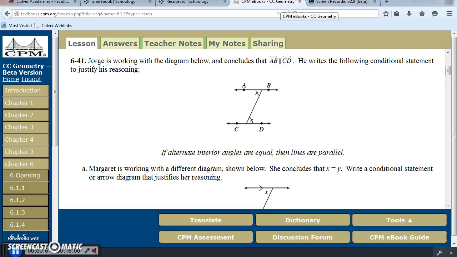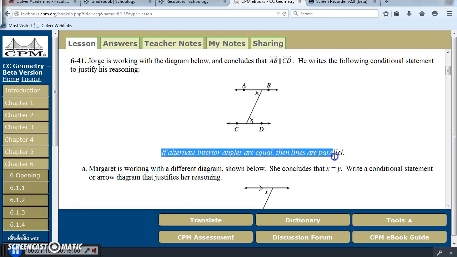So starting with 6-4.1, and Jorge, who's working with this diagram below, he concludes that AB must be parallel to CD, and he writes the following conditional statement to justify his reason. So take a look here. If alternate interior angles are equal, then lines are parallel.